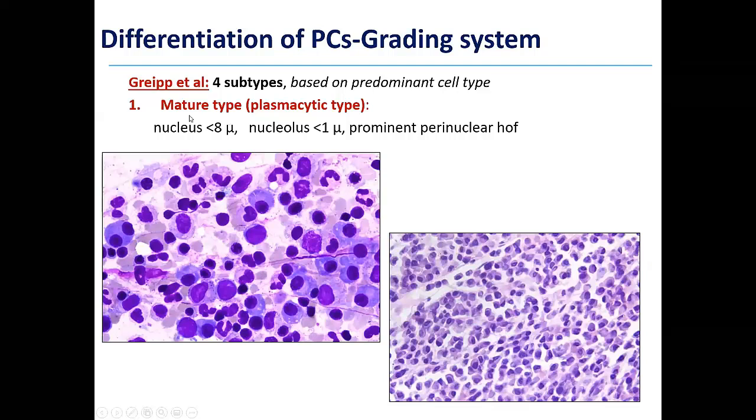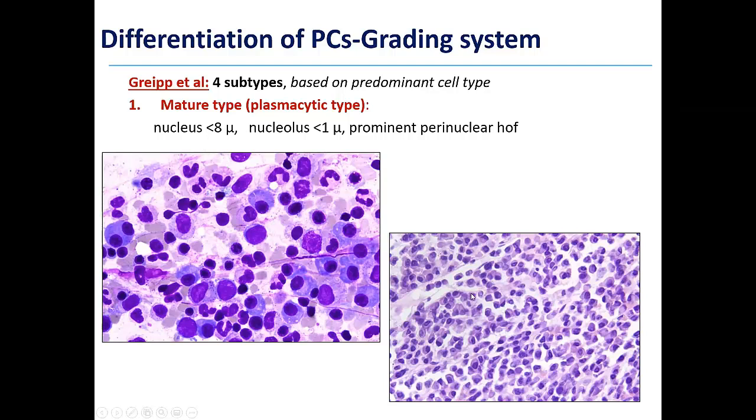One is the mature type, which we label as plasmacytic. They look like normal plasma cells, as you can see: perinuclear hof, basophilic cytoplasm, no nucleoli, and this is the normal looking plasma cell. The only thing is these are increased. So these are mature type.